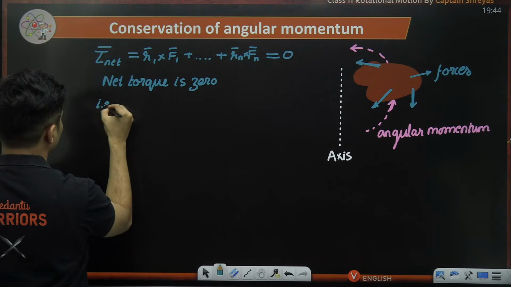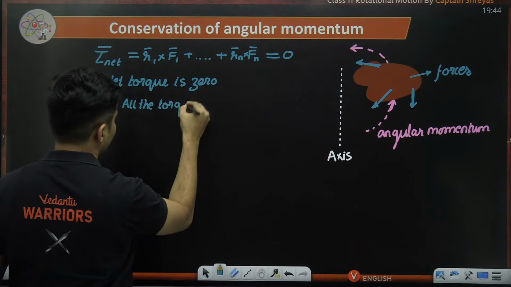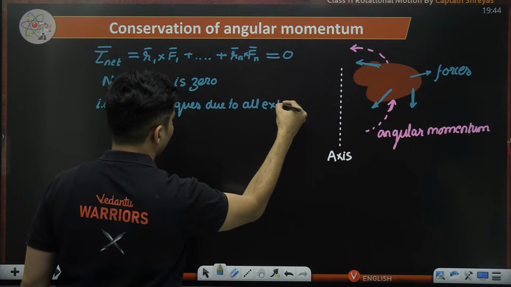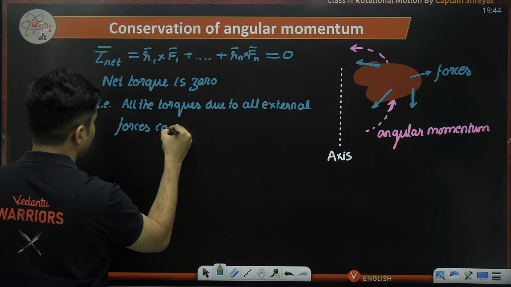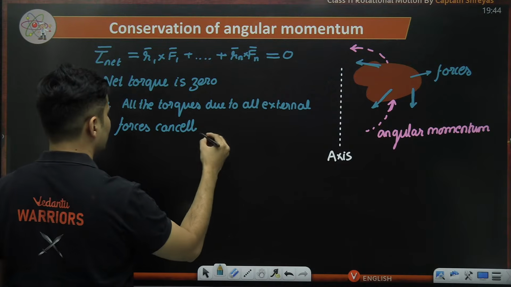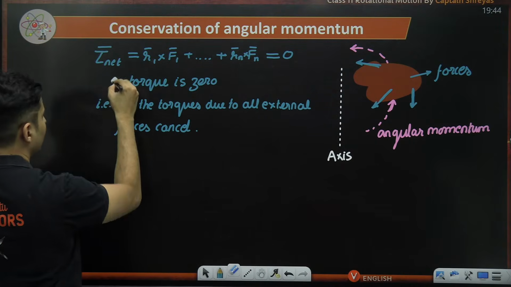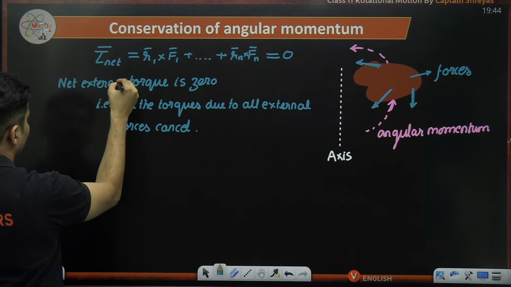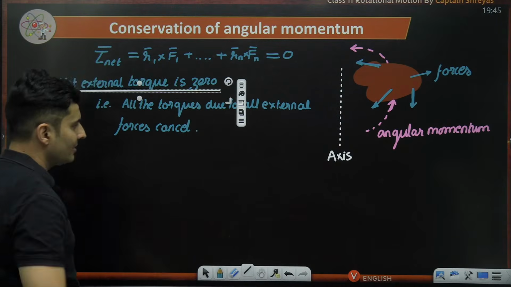That is, all the torques due to all external forces end up cancelling each other. So the net external torque is 0.